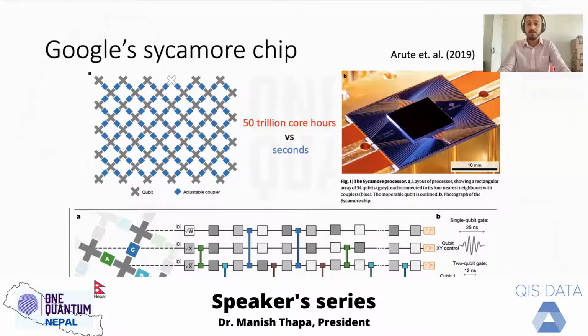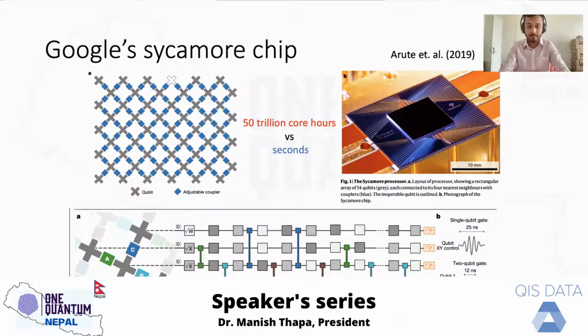My goodness, I don't know how long that would really take. Core hours is basically a measure of time multiplied by how many cores you used. Versus that, they did this computational calculation within a matter of seconds using Google's Sycamore chip, and they essentially simulated this kind of circuit.